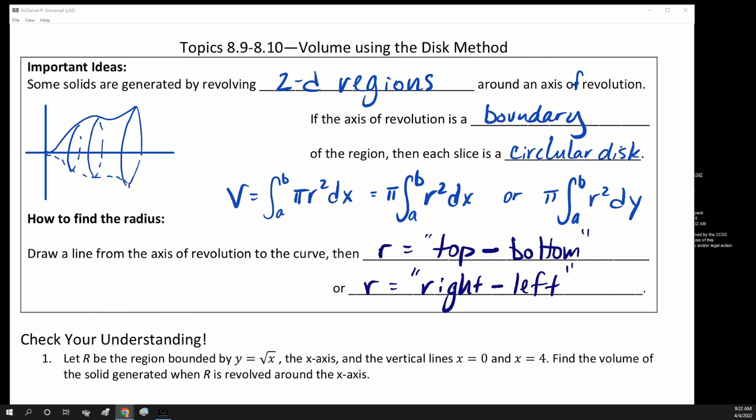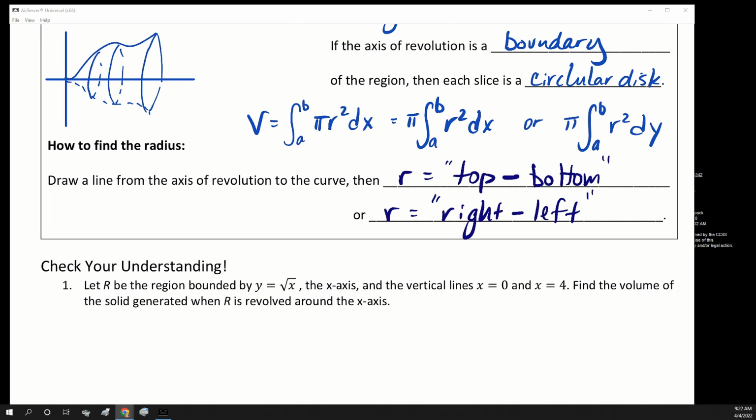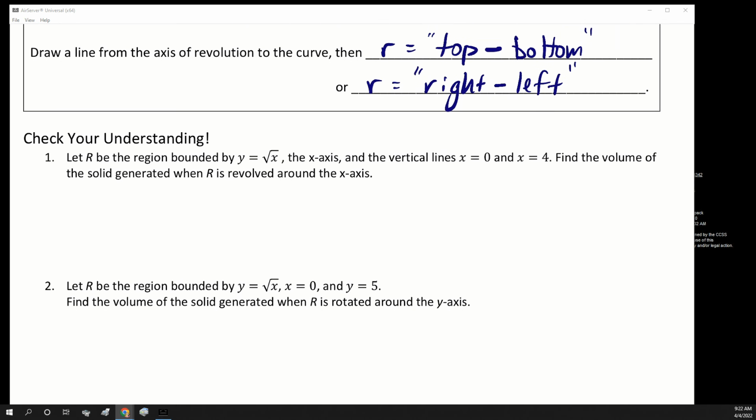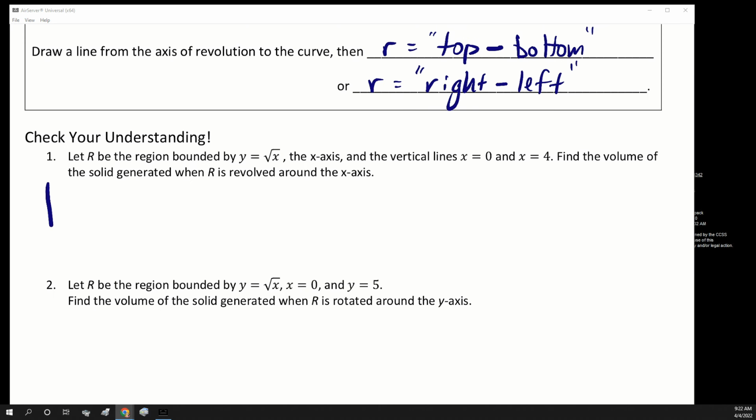All right. So on example 1, we have R is the region bounded by y equals the square root of x, the x-axis, and the vertical lines x equals 0 and x equals 4. So let's just draw that real quick.